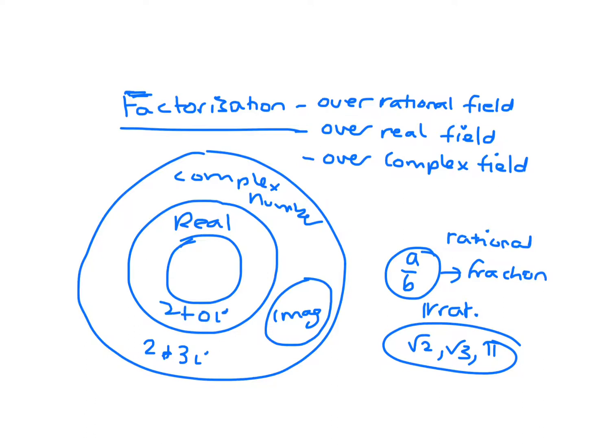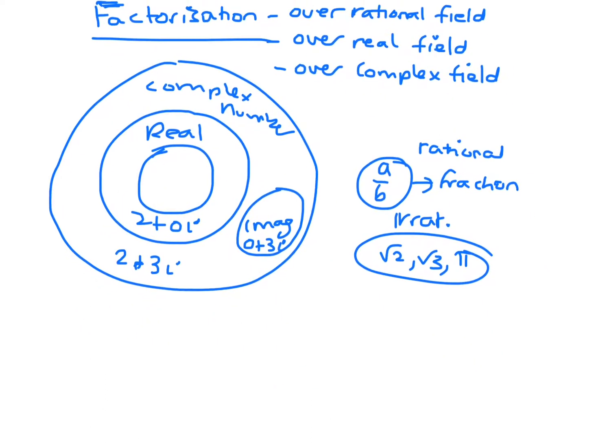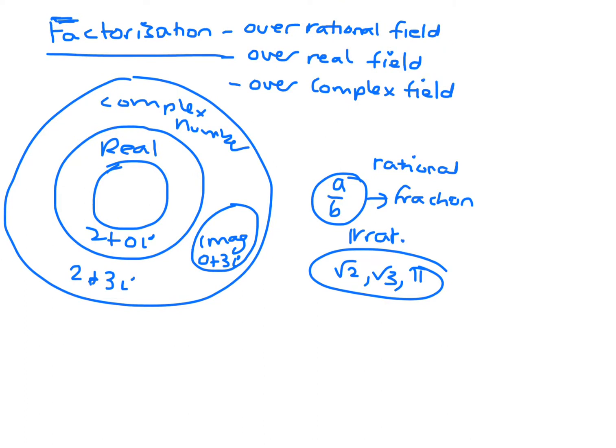You could have an imaginary one, like 0 plus 3i. Real numbers can then be rational, meaning a real number that is not a surd, like 2, 3, a half. It can be a fraction, but no surds.